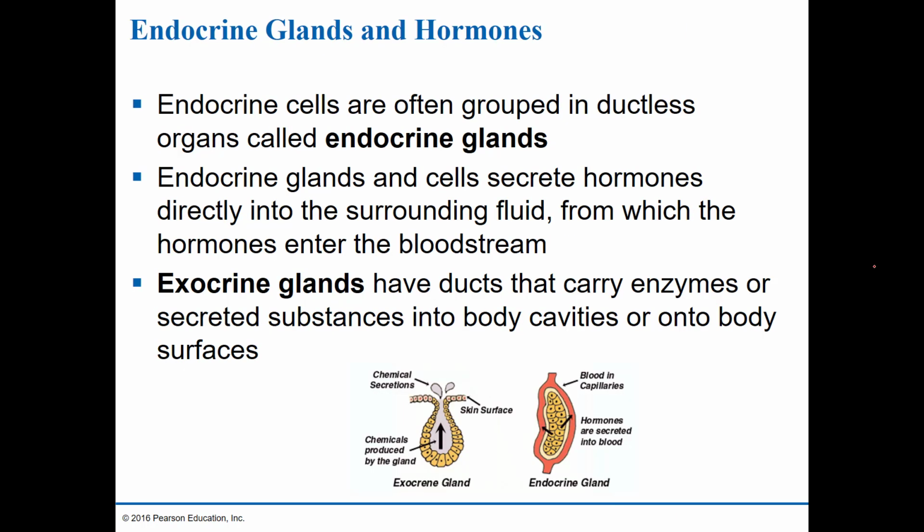Now, we mentioned this thing called an exocrine gland. I would know the difference between these two. Endocrine glands are usually ductless organs. Endocrine glands secrete the hormones directly into a surrounding fluid, and then it gets into the bloodstream. An exocrine gland has a duct that carries the enzymes or these substances into body cavities or onto the body surface.